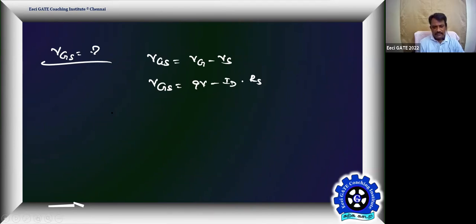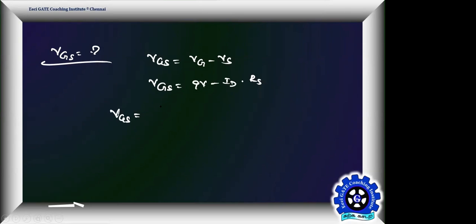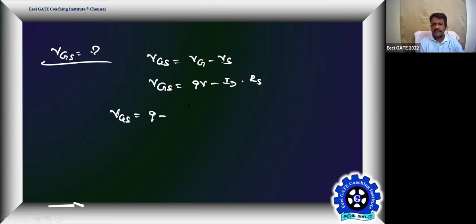Then you get VGS equals 9 minus ID into RS, where ID is Kn into (VGS of NMOS, shortly VGS, minus V threshold of NMOS) the whole square, and that is multiplied by RS.